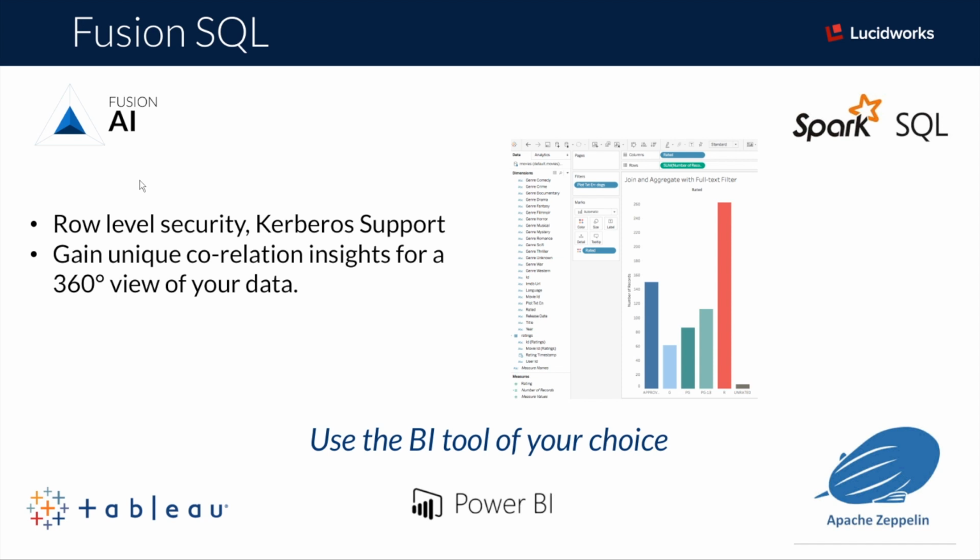With Fusion SQL, business analysts can discover, analyze, and visualize data sets of massive scale and complexity using the business intelligence tool of their choice. We've optimized for Tableau, Microsoft Power BI, and Apache Zeppelin, and any other BI tool with a SQL interface can be used to leverage the speed and unique capabilities of Fusion SQL.